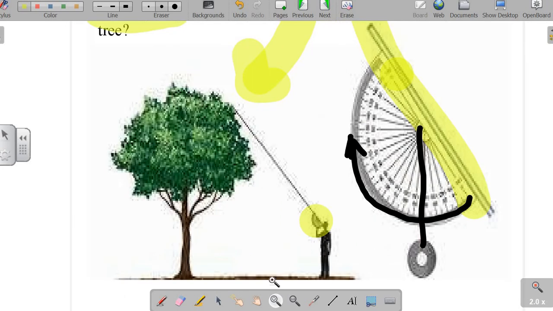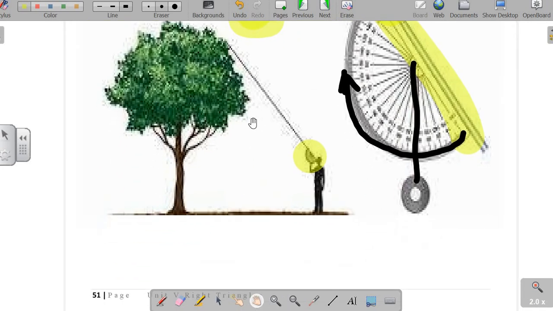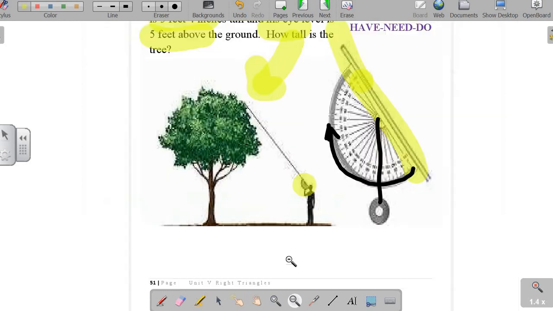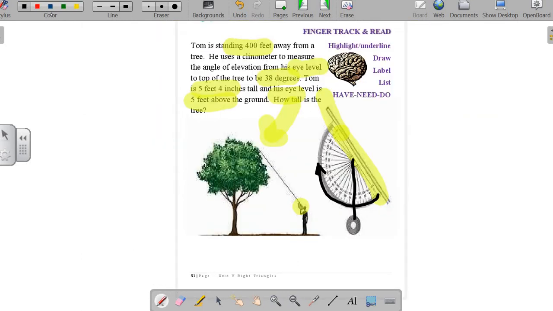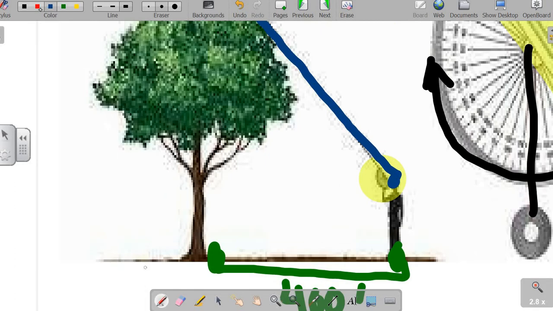Okay, this is how you should have labeled. Watch very carefully, one piece at a time. Tom is standing 400 feet away. So he's standing to the tree is 400 feet. Took care of that. From his eye level to the top of the tree is 38 degrees.